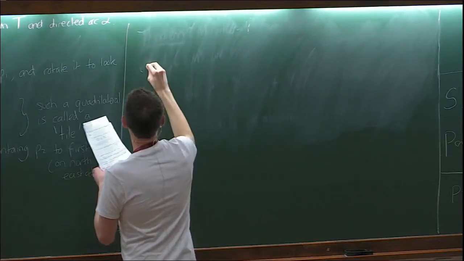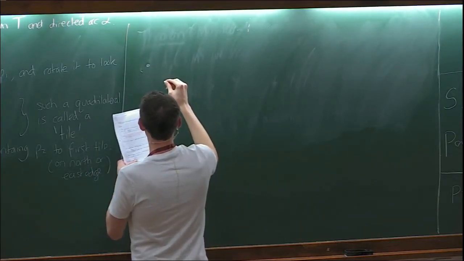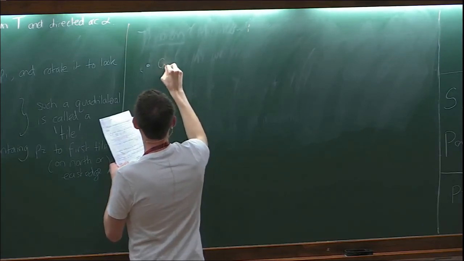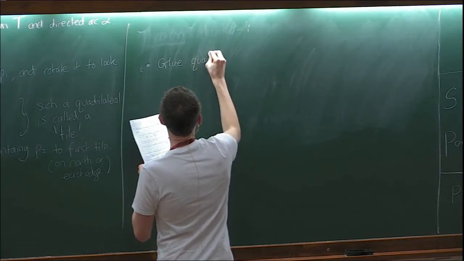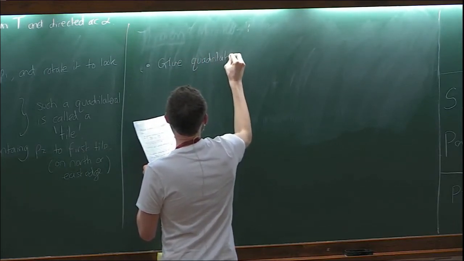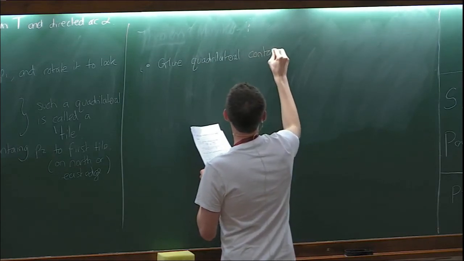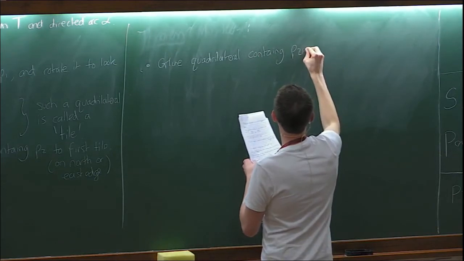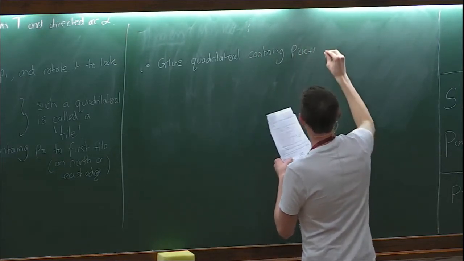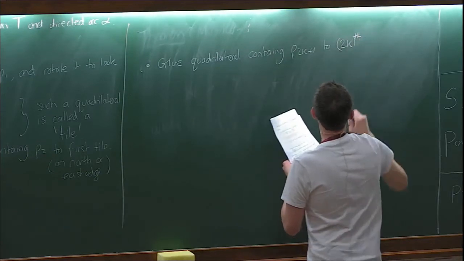So what will be the (2k+1)th step? Glue the quadrilateral containing P_{2k+1} to the tile before, so the 2kth tile.